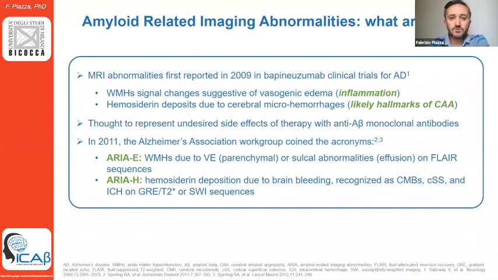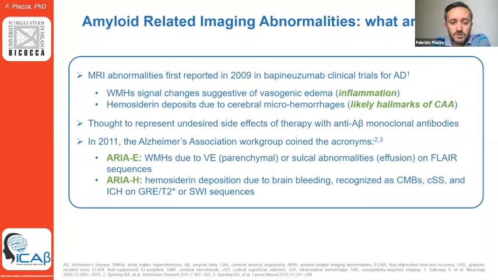So coming back to ARIA, what are they? ARIA are MRI abnormalities that were first reported in 2009 after the trialists observed an increased incidence of these imaging abnormalities after treatment with bapineuzumab, which was the first monoclonal antibody used in clinical trials for Alzheimer's disease.